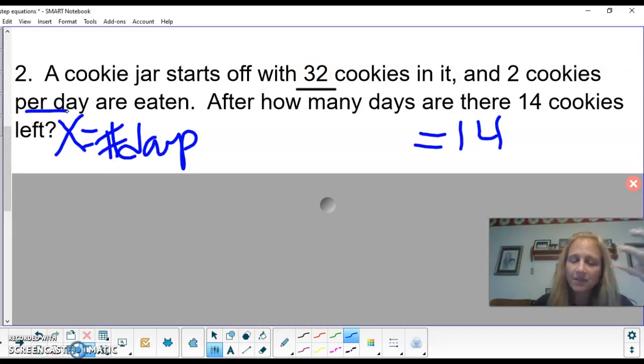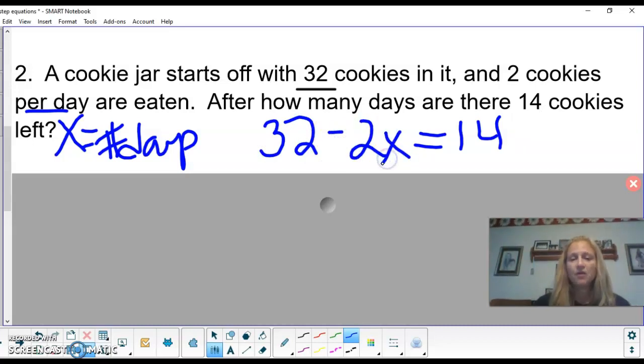What's being done to the number of cookies? They're being eaten. They're going away. They're going down. And it's starting off with 32. So our equation is 32 minus 2x. Do you see how it represents the problem? 32 cookies, 2 were eaten a day. That means taken away, equals 14.